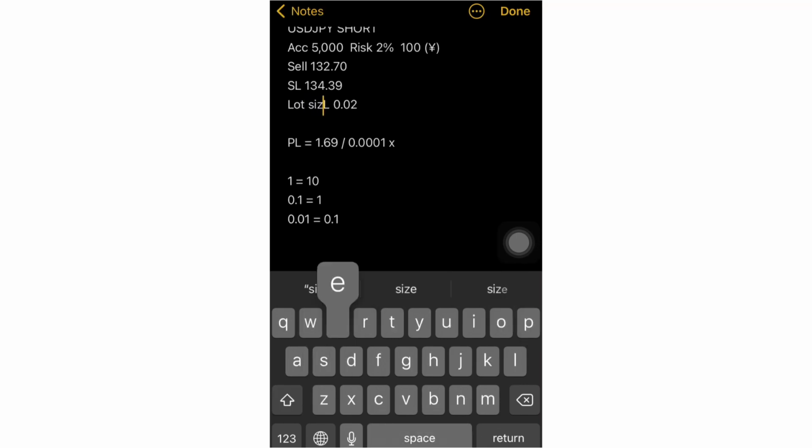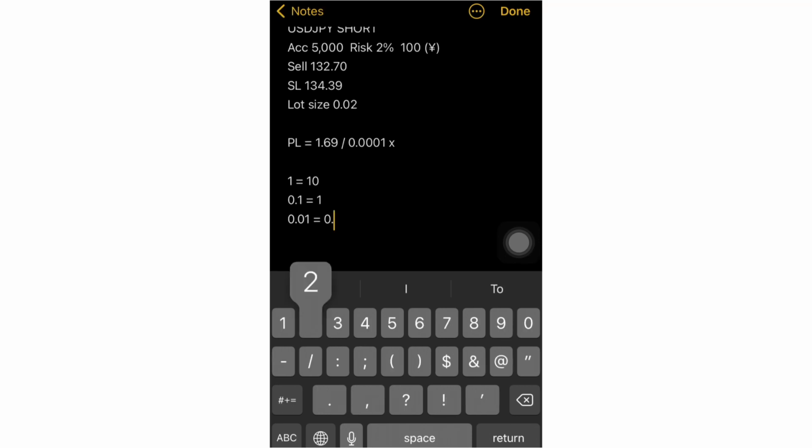Lot size of 0.02: 0.01 gives us 1 cent, so automatically 0.02 will give us 2 cents. So automatically we know that. We're going to put the pip value, that's 0.02. Do you understand what I'm saying? I hope you're following. So we're going to use 0.02, right?